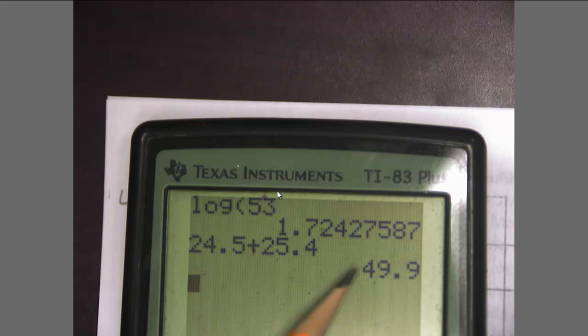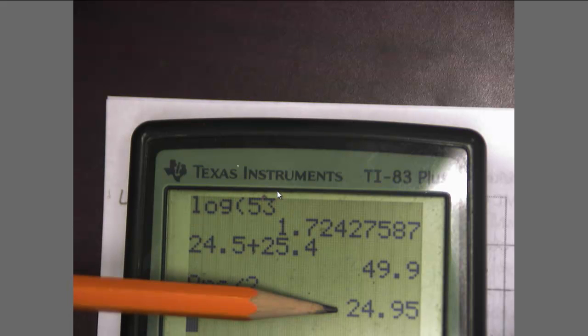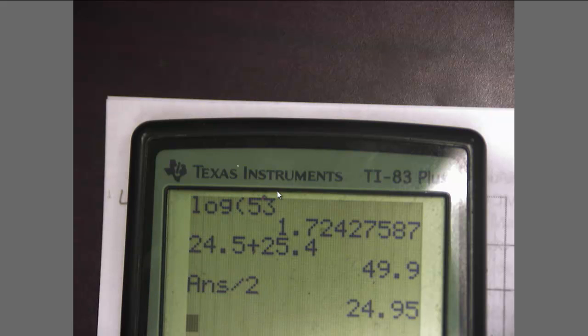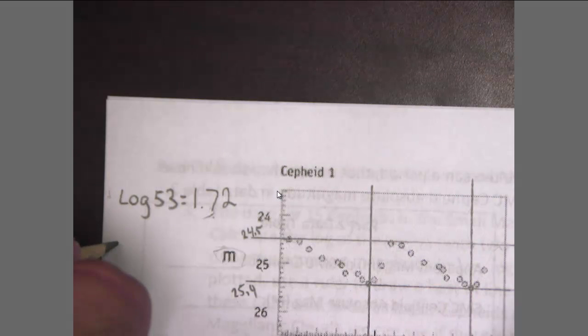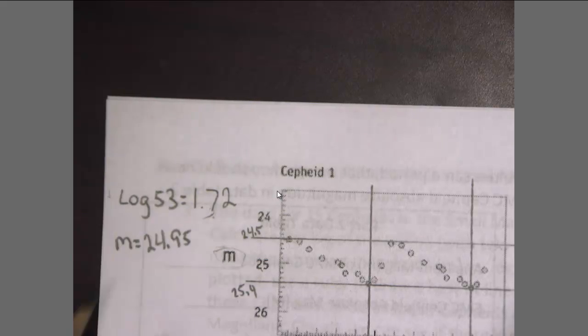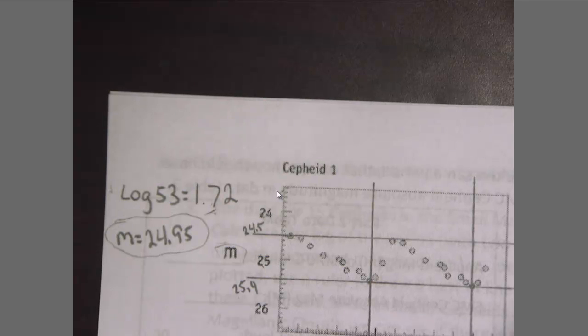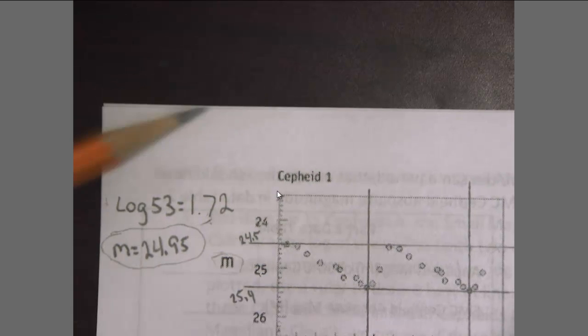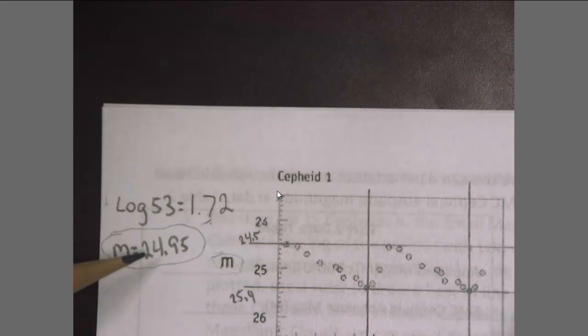Since we took two numbers, you got to take that, divide it by 2. So here is our average apparent brightness, 24.95. All right. That is one of the numbers we need to determine the distance. Okay. So we've got one of the numbers we need.